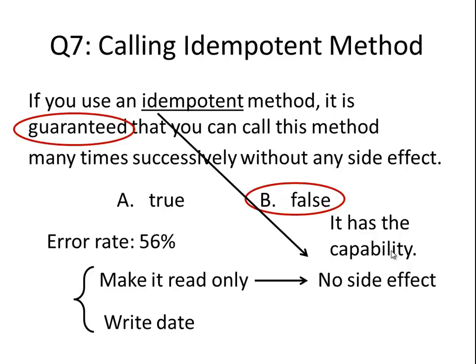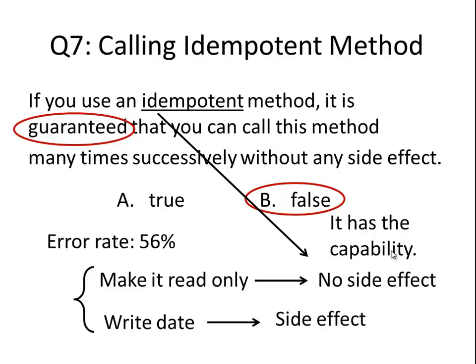Yeah. Actually, in the second case, there is side effect. Okay. So for the second case, you do not use the capability without side effect. Yeah. So then you may have side effect.